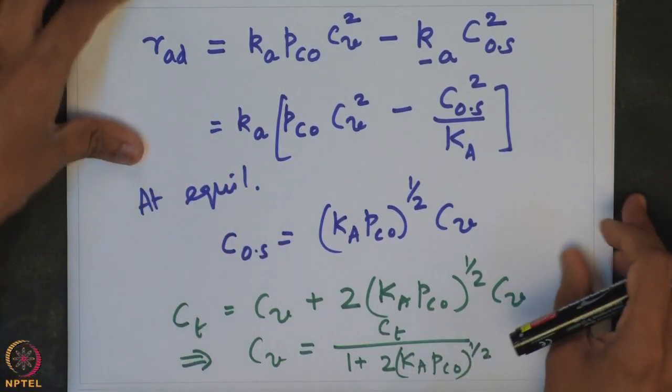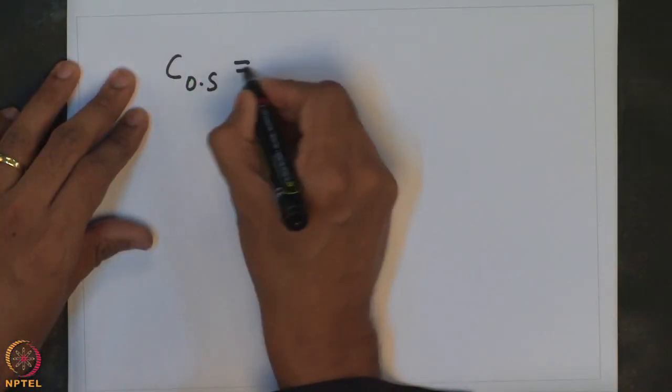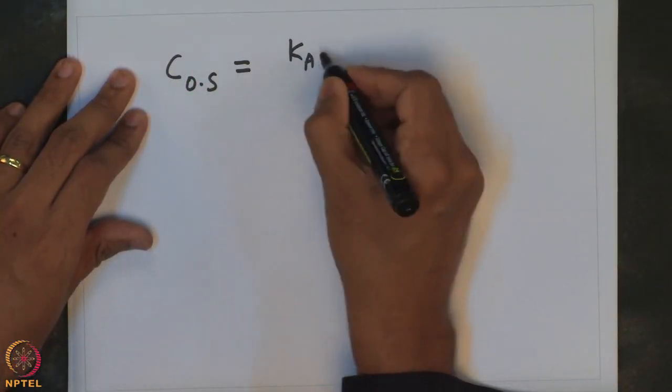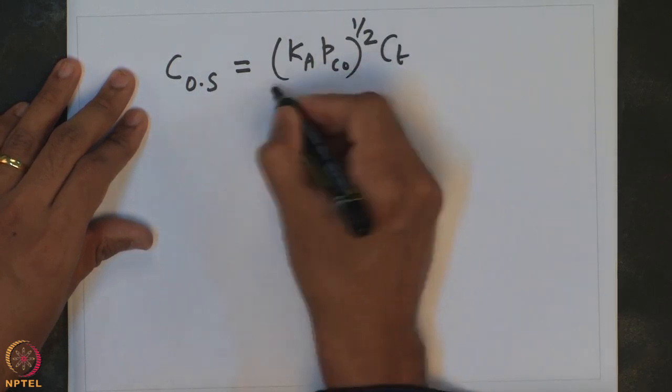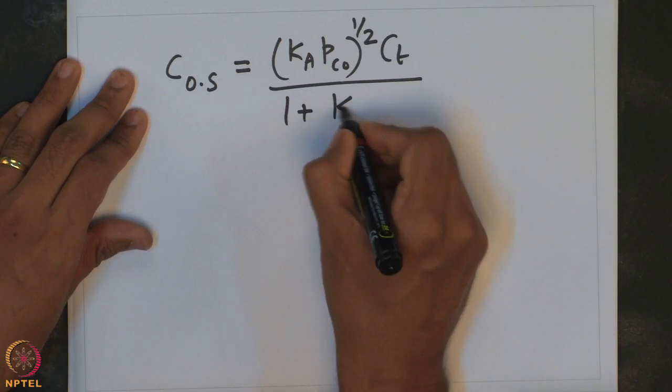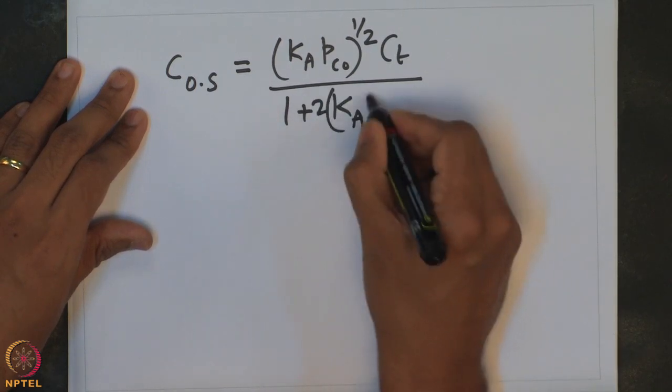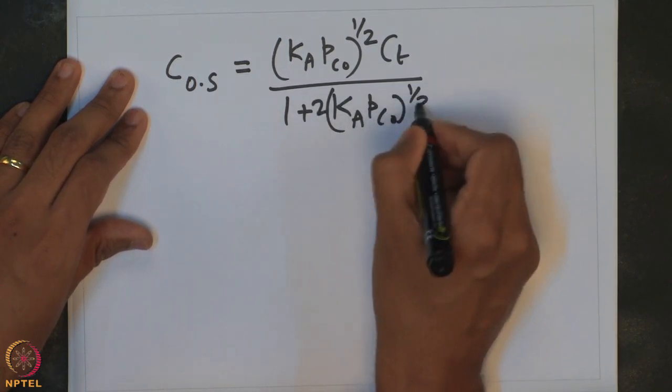So, I can now substitute this in this expression here, and what I find is that Cos is equal to Ka into PCO to the power of half into Ct divided by 1 plus 2 times Ka PCO to the power of half.